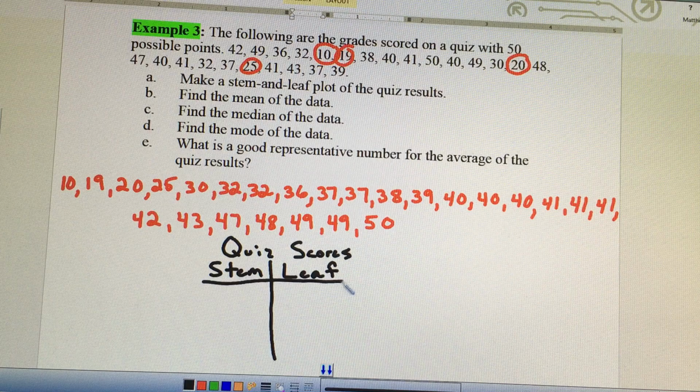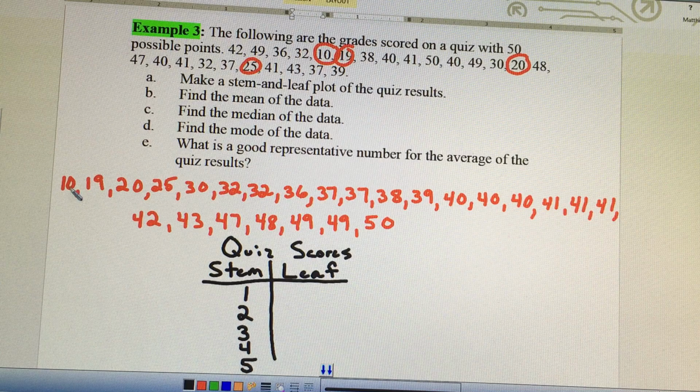My stems are going to be all of the tens digits. We had scores in the teens, the 20s, 30s, 40s, and 50s. So those are going to be all of my stems: 1, 2, 3, 4, and 5.